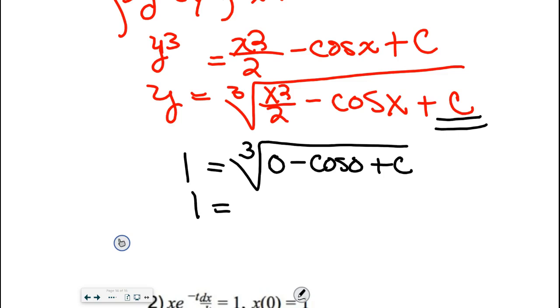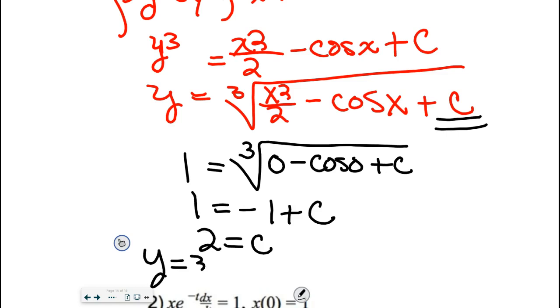I'm going to cube both sides. So this would be 0. What's cosine 0? 1. So that would be negative 1 plus c. I'm just cubed rooting both sides. What's my c? 2.